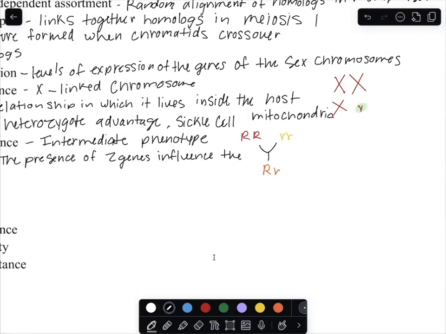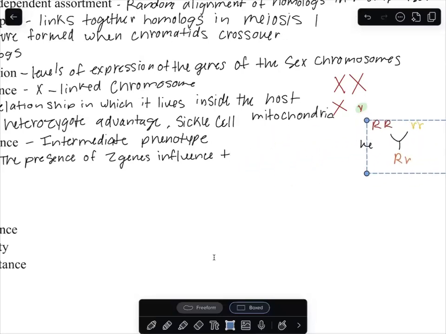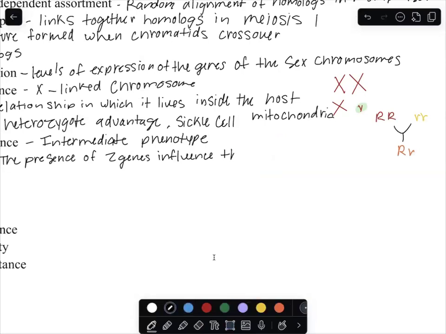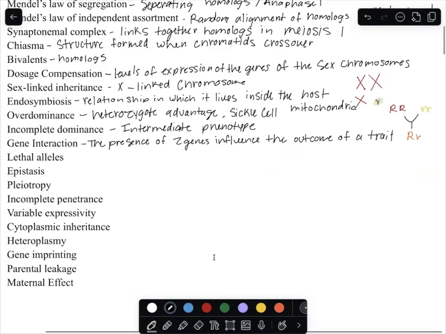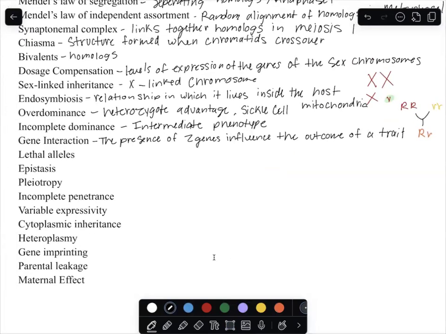So an example of this would be like in skers, if you have, I'm not sure if it's skers, but I want to say it is.